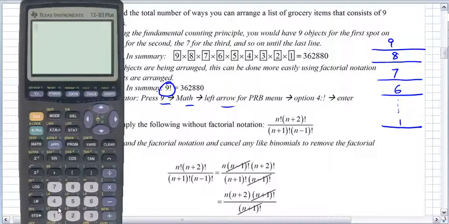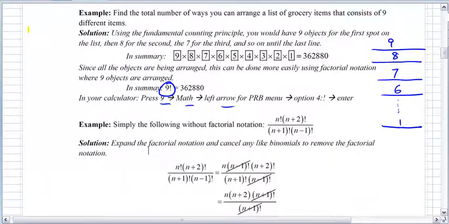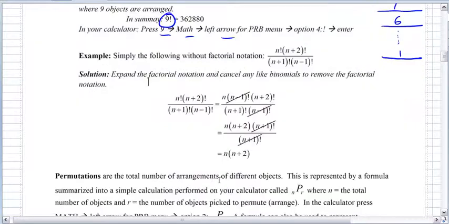I'll quickly bring that up to show you where that is. You press the number that you want, which in this case is 9. We press Math, left arrow, and here's the exclamation mark, option 4. You press enter. So that's how you get 9 factorial.